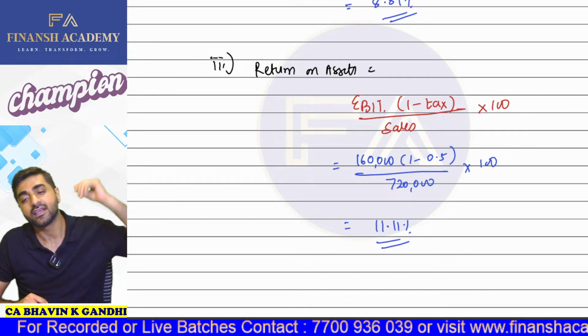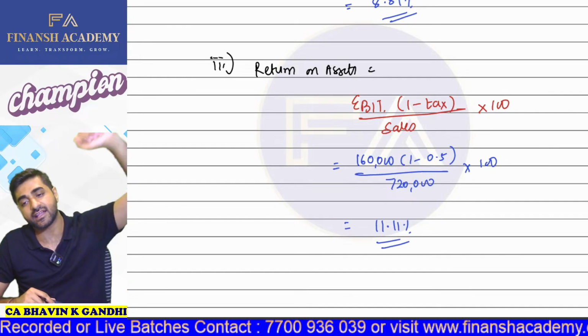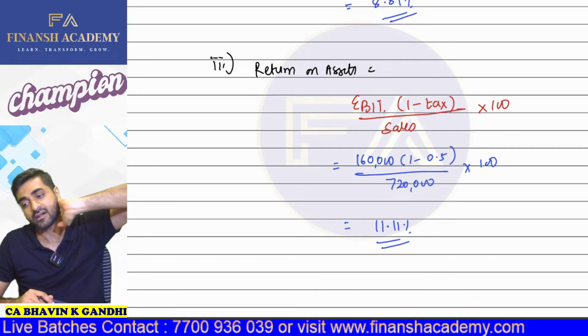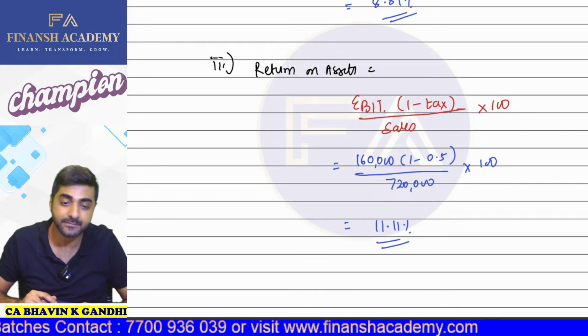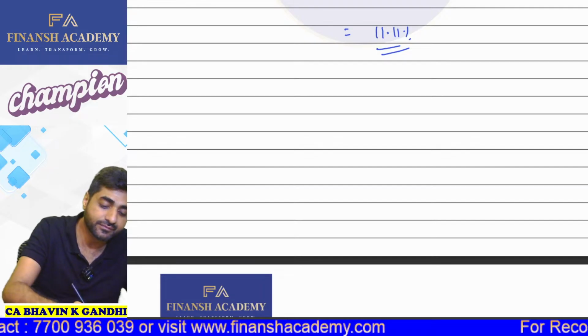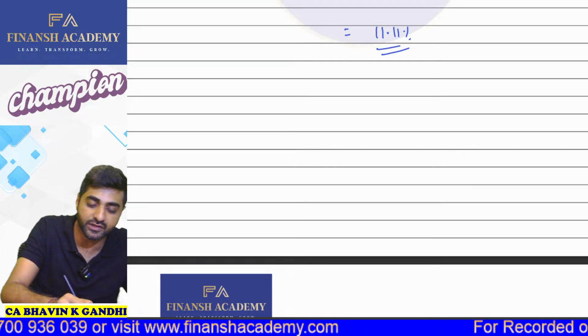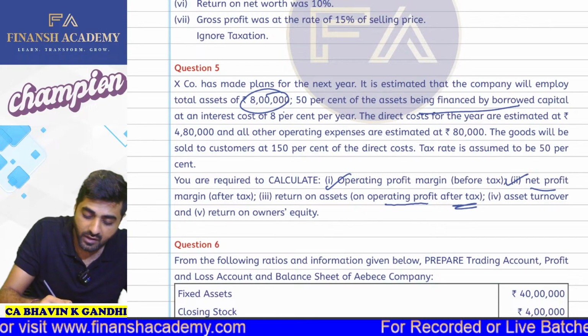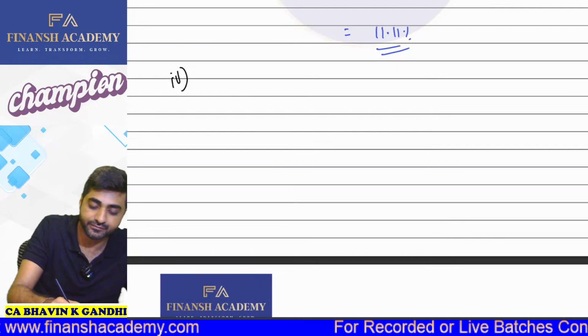Same concept, guys. We have to take EBIT post tax and then divide that by sales and multiply it by 100. This will give you 11.11%. What else do you have next? Your fourth ratio is asset turnover ratio.